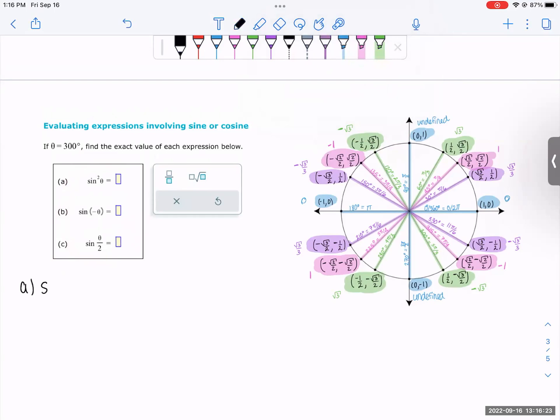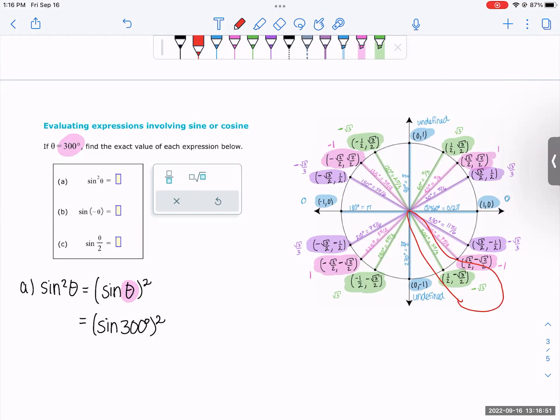So for part A, sine squared theta, that's going to be the same thing as sine of theta squared. Our theta value is 300 degrees. So this would be sine of 300 degrees squared. If I look over at my unit circle, we have our 300 degree spoke right here.